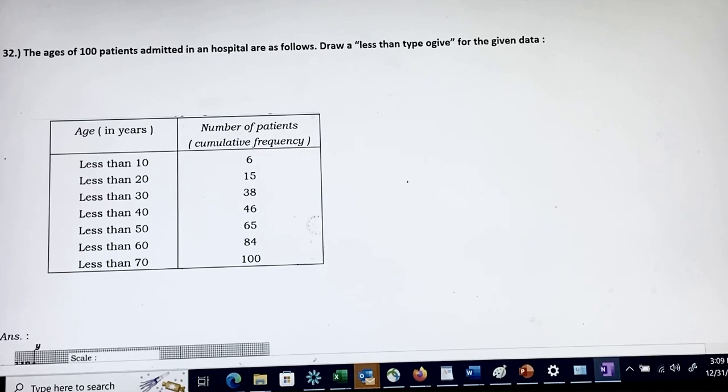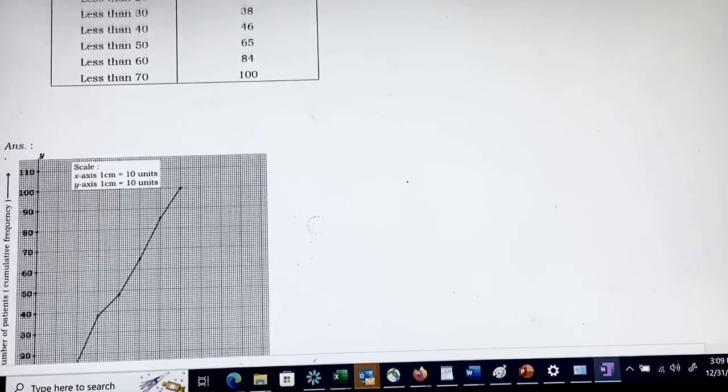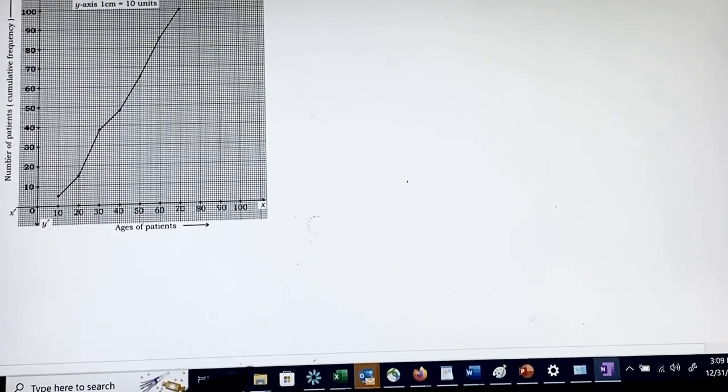So if you see this, you can just take x-axis 1 centimeter is equal to 10 units, y-axis 1 centimeter is equal to 10 units. So if you take that, this is how you get it. Okay, this will be the answer.